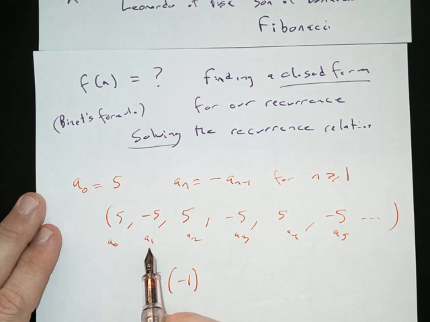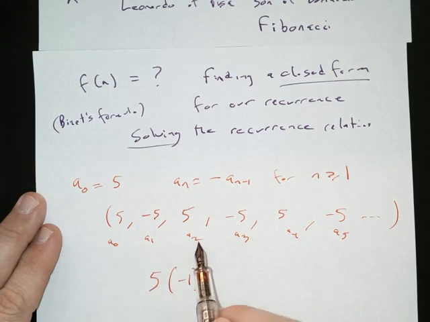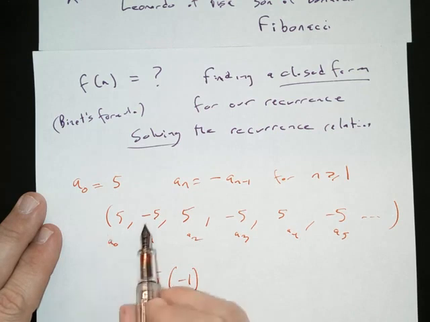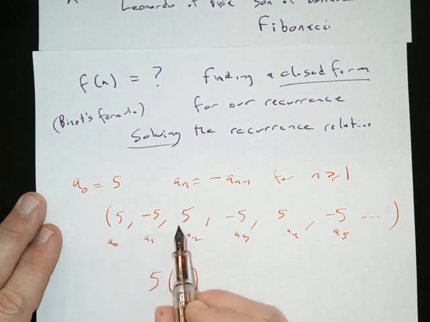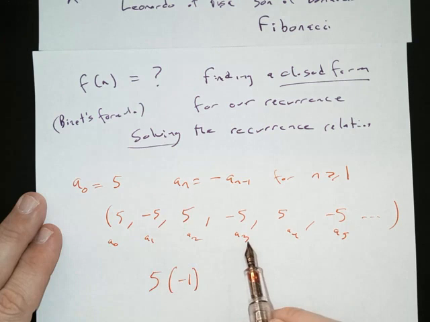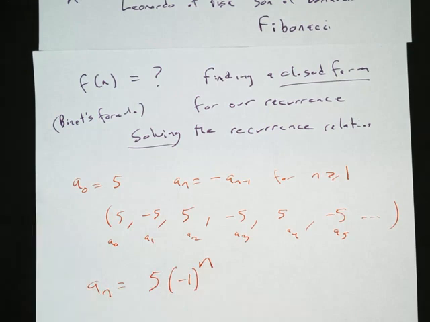Here I multiplied by a negative 1 once. Here I multiplied by a negative 1 twice. Once to go from here to here, once to go from here to here. Here I did it 3 times. Oh, I should multiply n negative 1s to get the right sign.